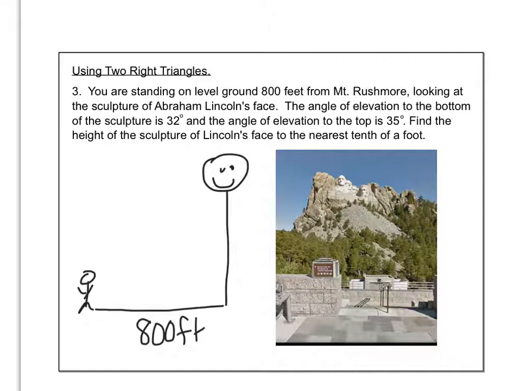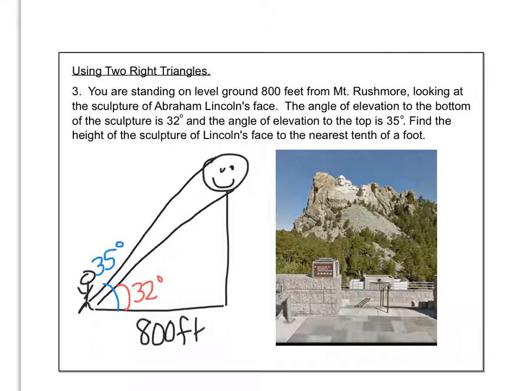Then we're looking up at an angle of 32 degrees to get to the bottom, and to see the top, the angle is 35 degrees. We're trying to figure out how tall his face is.